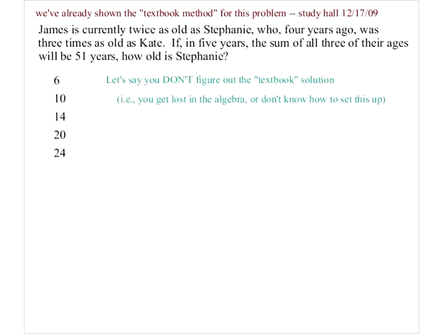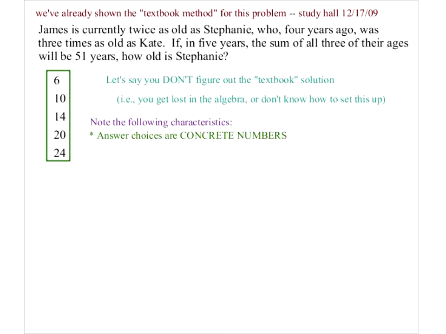Well, note the following characteristics of the problem. The first characteristic that you should note is the fact that you've got answer choices that are numbers that are very easy to conceptualize and get your hands on. So the answer choices are concrete numbers.